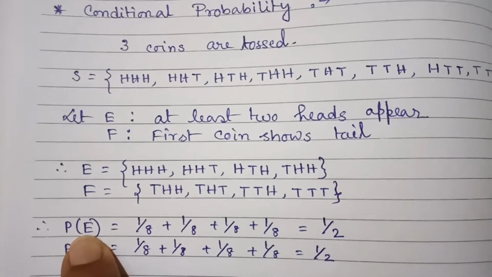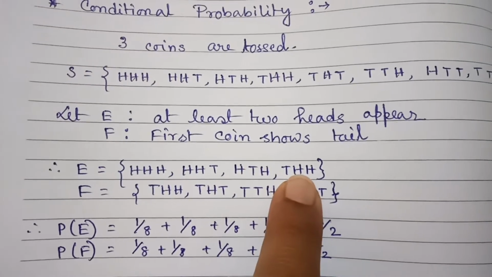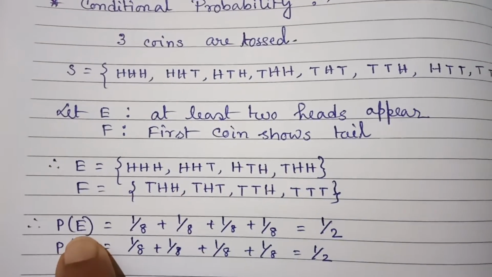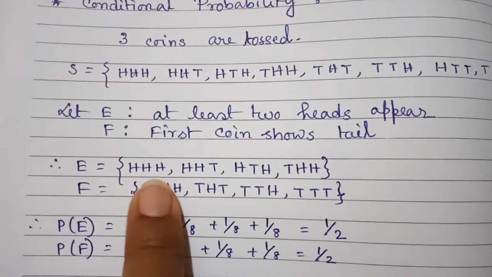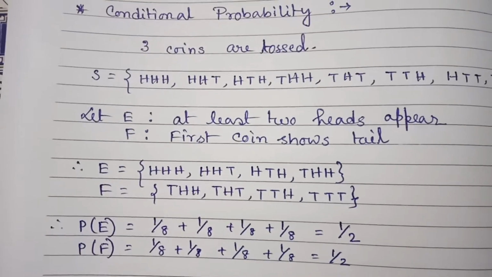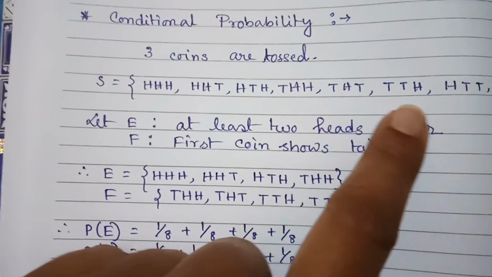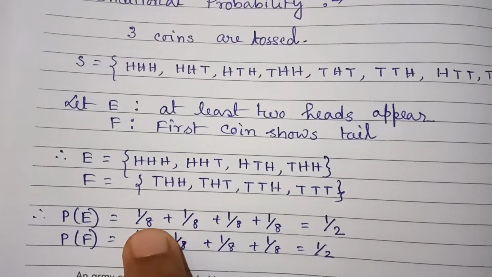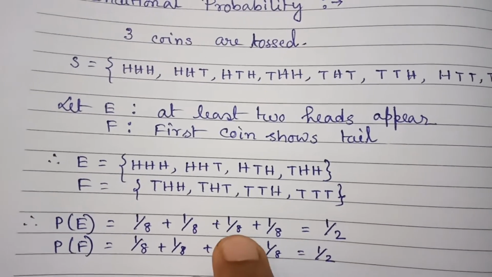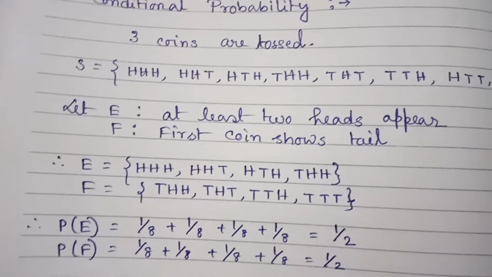Now P of E will be 1 by 8 plus 1 by 8 plus 1 by 8 plus 1 by 8. In class 11th you have done this axiomatic approach where the probabilities of all equally likely outcomes are the same. That means 1 by 8 plus 1 by 8 plus 1 by 8 plus 1 by 8 is 4 by 8, that is equal to half.